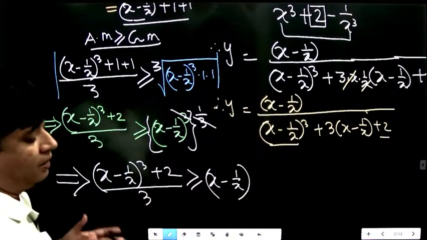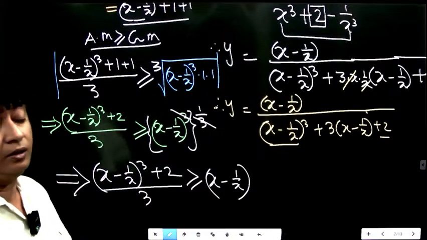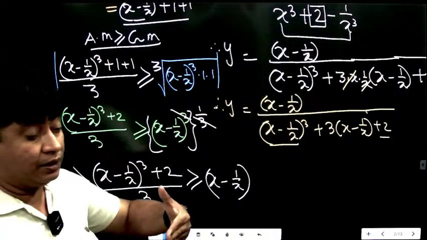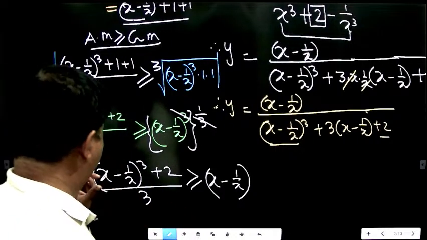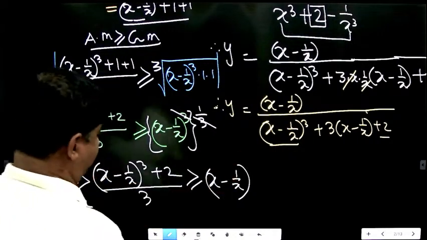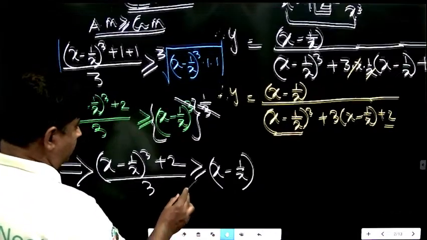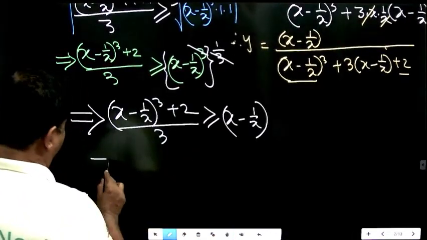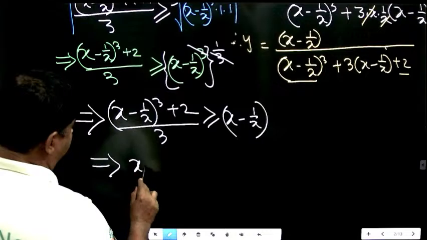So gradually we are tending to a conclusion. See, we will cross multiply that. Cross multiplication will give you what?